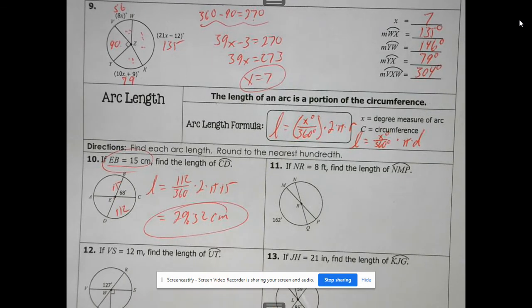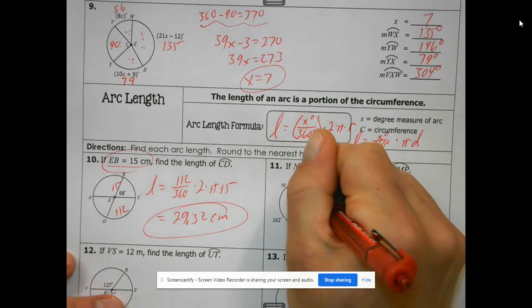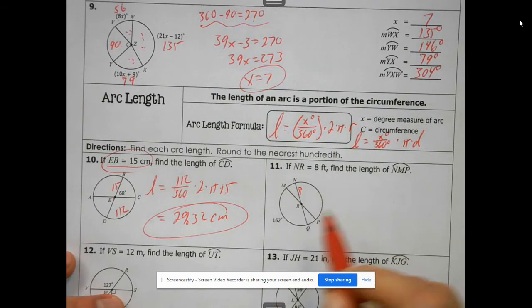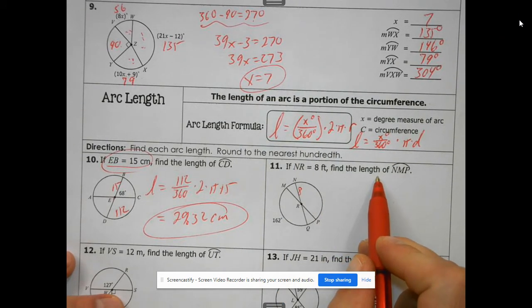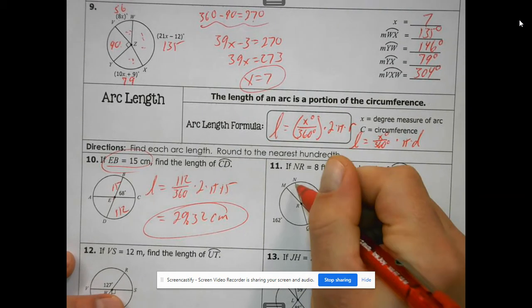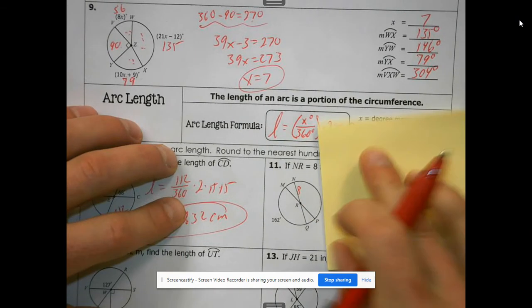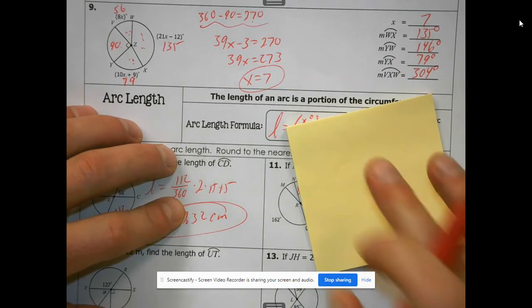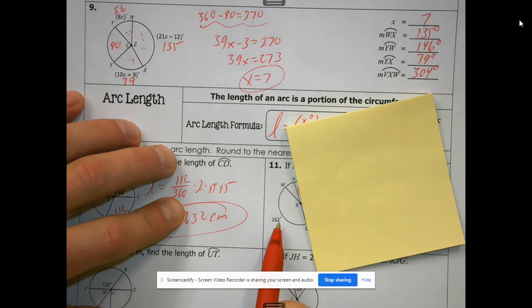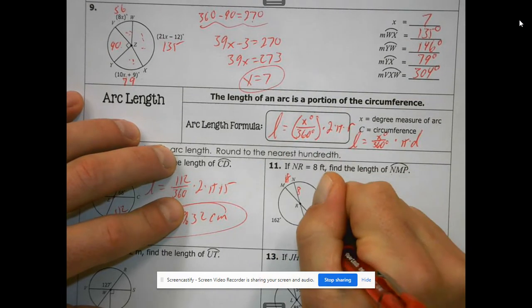That's all you need. All right, directions. N to R is 8. That's radius. Find the length of N to M to P. Oof, all of this, right? All right, we got some work. 180 minus 162 comes out to be 18, which means that guy's also 18.